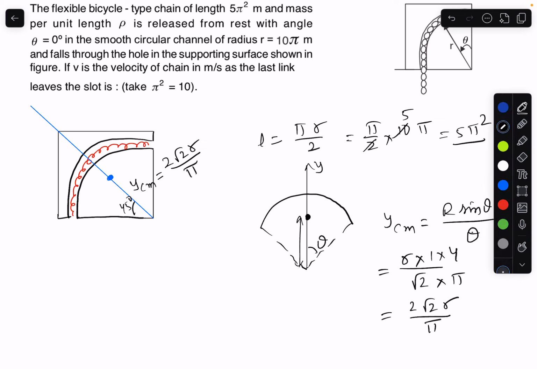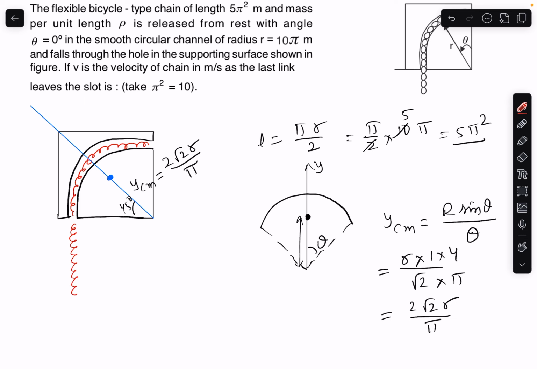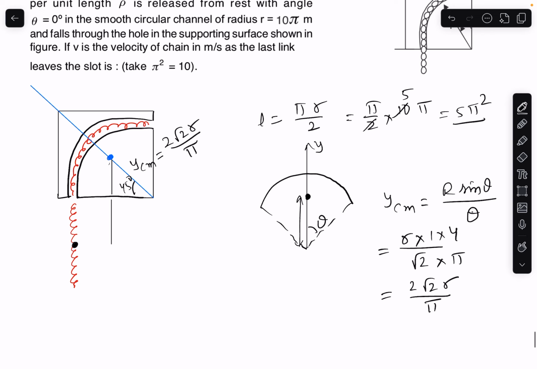Now once this chain completely slips off this circular hole, its orientation will be something like this, and the center of mass of the chain will finally be at this point. So the fall in the height of the center of mass will be this height plus this height. Once we know this total height, we can easily apply the work energy theorem to get the velocity v.